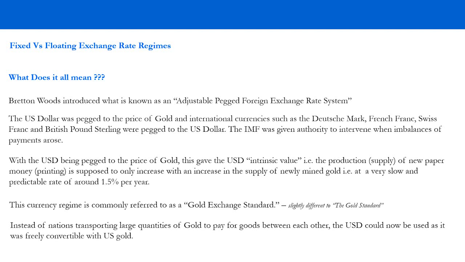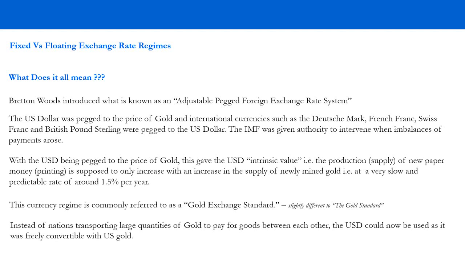And the IMF was given authority to intervene when there were imbalances or deficits arising from these payments. So with the US dollar being pegged to gold, what this did was actually give the US dollar intrinsic value. So what does that mean?